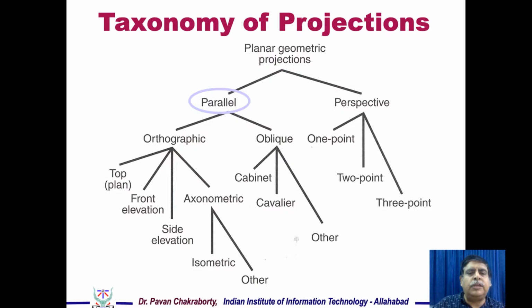The other type of projection, apart from orthographic projection, is oblique projection, where I would take a projection in an angular manner, where I can have a projection which is cabinet, cavalier, or any other angle of projections.